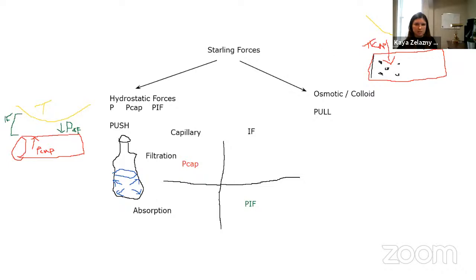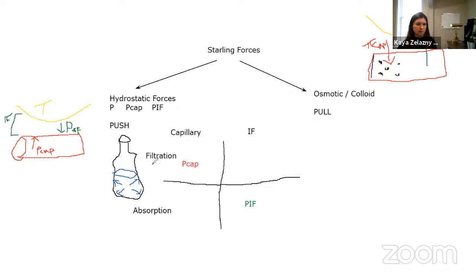Our interstitial fluid may have some impermeant solutes as well. Again, they're going to exert a pull, but now our pull is in the opposite direction. Our pull is towards the interstitial fluid. So that is our pi IF. So those are our definitions of each of these.